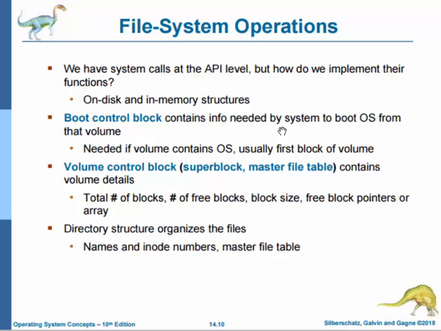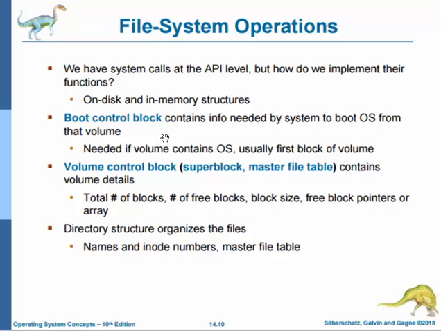Many of these structures are detailed throughout the remainder of this chapter, so here we describe them briefly. For example, we have the boot control block, which can contain information needed by the system to boot an operating system from the volume.